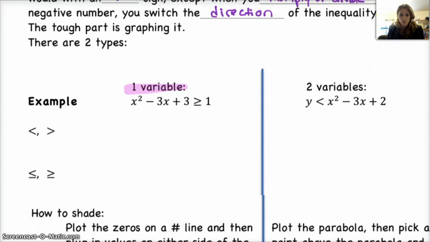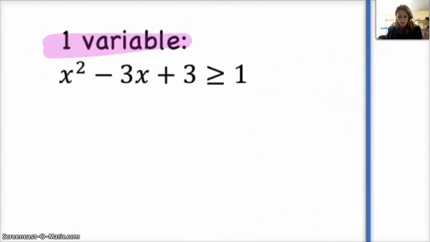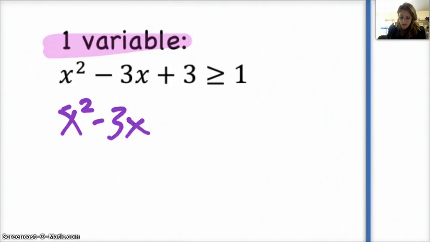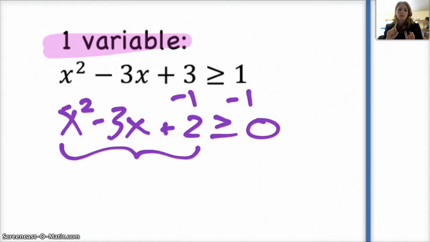The way we typically would solve this is to pretend that it was an equal sign and just solve. So we've got x squared minus 3x, bring the 1 over, so we've got plus 2 is greater than or equal to 0. Pretend it's an equal sign for the moment. Then we take this part and either complete the square, factor, or use the quadratic formula, however you normally solve quadratic equations.